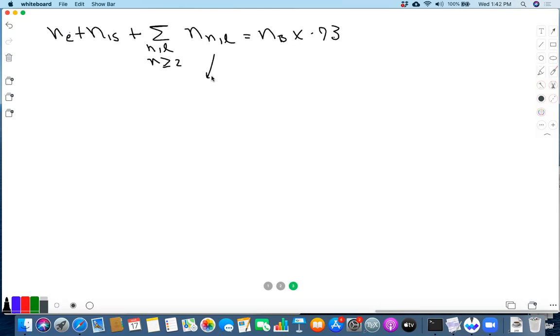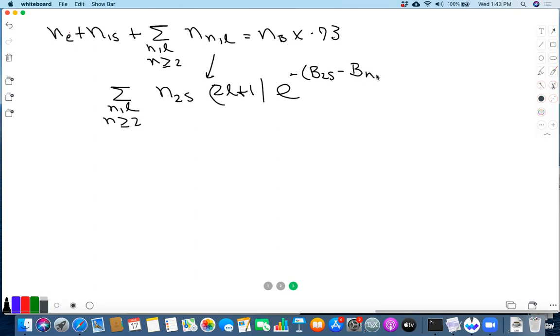So this one I can now write as sum over NL, n greater than or equal to 2, of N2S times 2L plus 1 e to the power minus B2S minus BNL by T. So this I can write as N2S times f of t, okay, some function of t.